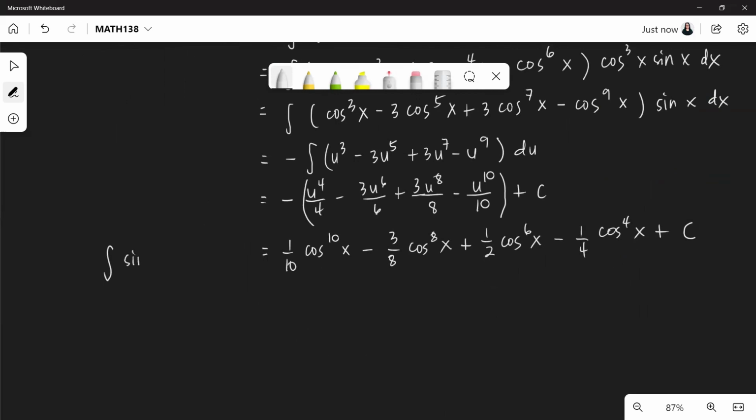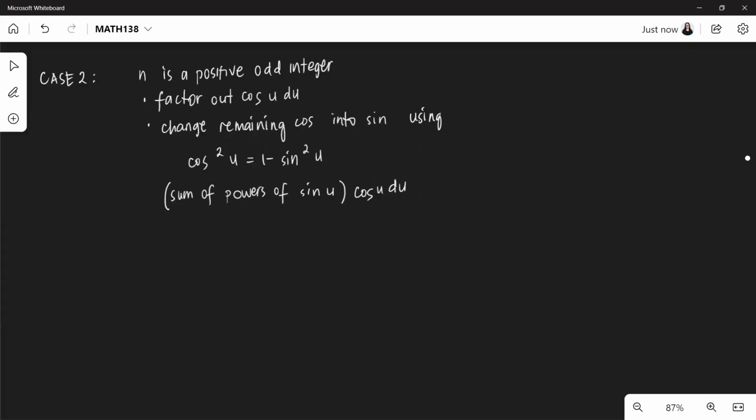Okay, so this is the integral of sine x raised to the power of 7, and then cosine x raised to the power of 3 dx. So the second case is if the exponent of cosine is a positive odd integer. So factor out cosine u du, and then change the remaining cosine function into sine function using the same trigonometric identity. Then you have the integral of the sum of powers of sine u times cosine of u du.